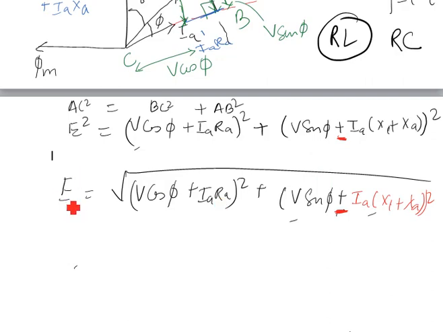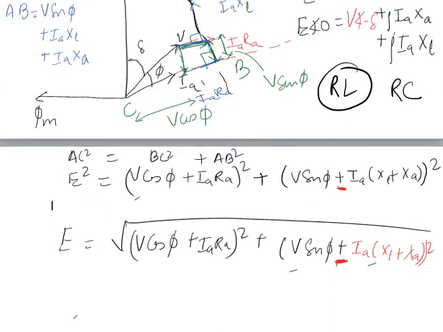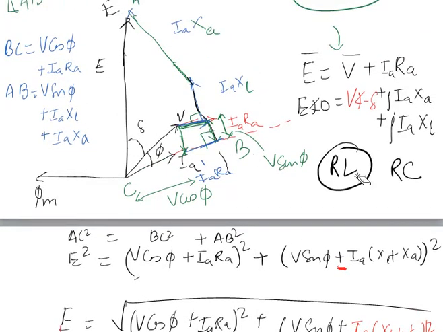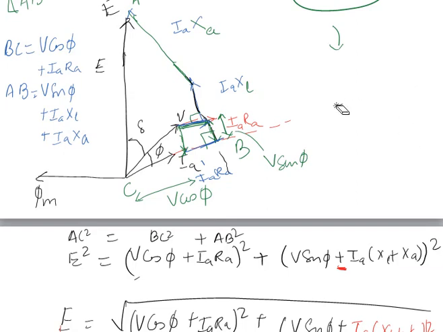What is E? E is the EMF. Now, seeing from the figure here, delta is the angle between E and V. This is called the load angle.